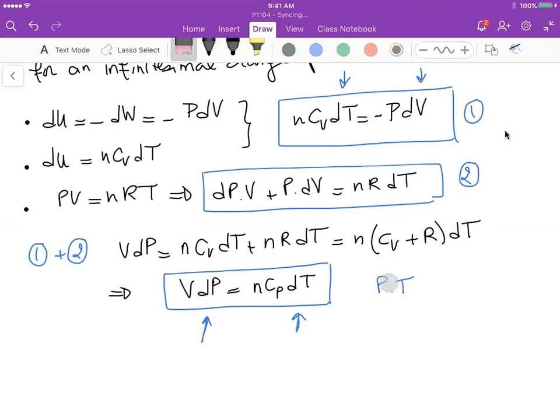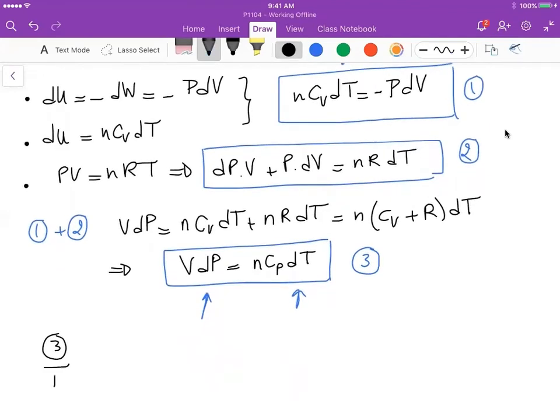Let me call this equation number 3 so that everything is clear. Now let's go on, we want to eliminate the temperature. Have a look: if we divide equation 3 by equation 1, we can actually get rid of the term including temperature.